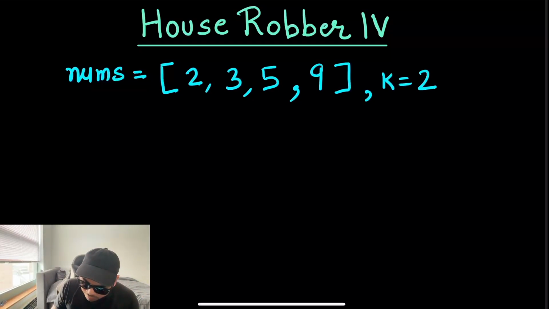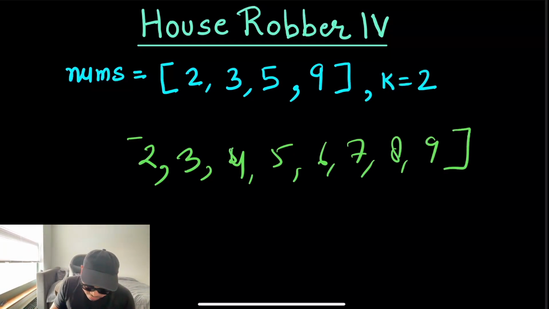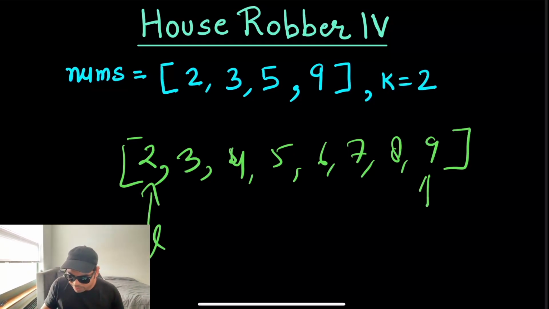definitely improve. When you have this range, 2, 3, 4, 5, 6, 7, 8 and 9, then what you want to do is search using binary search.